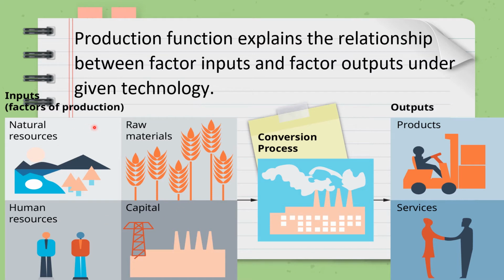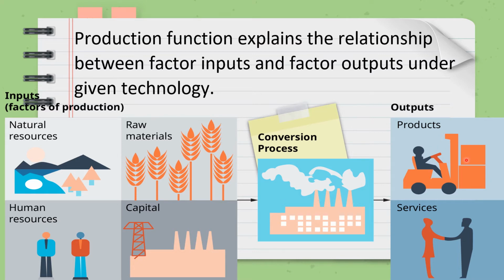So here we see on the left we have factor inputs examples shown to you. Natural resources are inputs, raw materials are inputs, human resource is an input, as well as capital. There is a relationship between inputs, that is the factors of production, and the outputs that are derived by putting the inputs through a conversion process which we call production under the given technology.